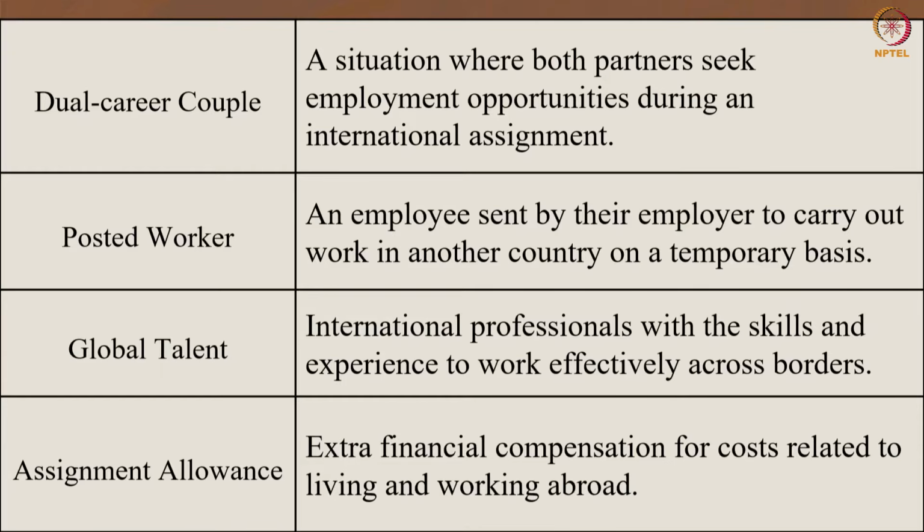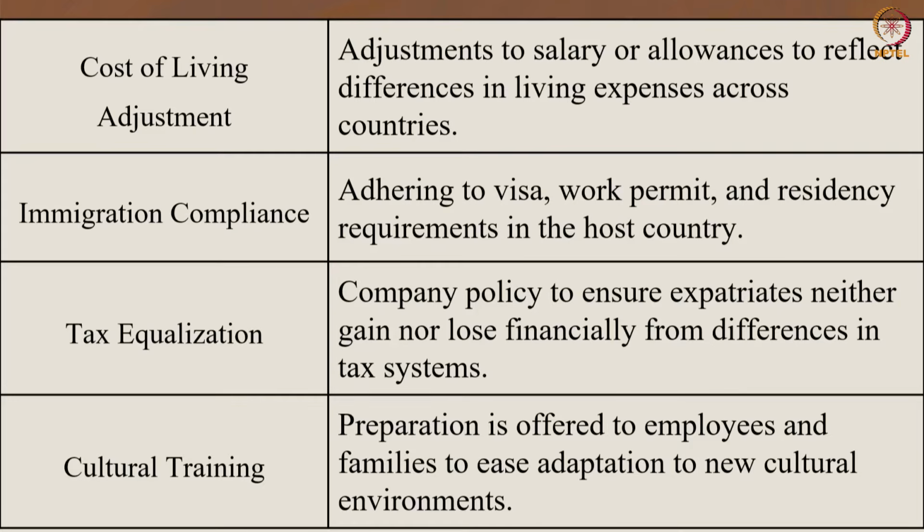Global talent is an international professional with the skills and experience to work effectively across borders. Assignment allowance is extra financial compensation for costs related to living and working abroad. Cost of living adjustment means adjustments to salary or allowances to reflect differences in living expenses across countries.